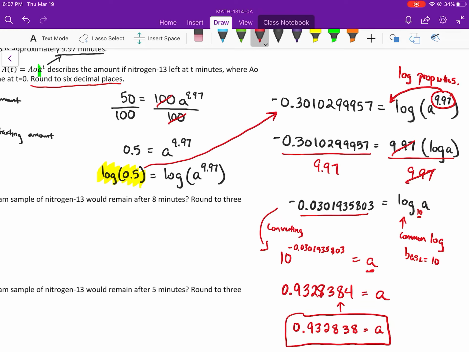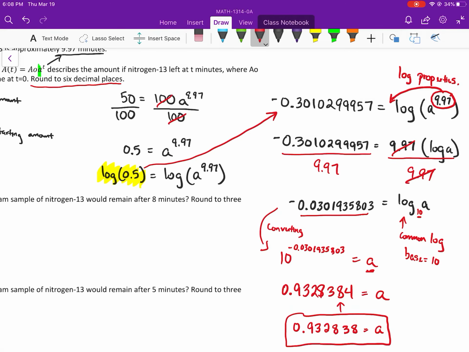Every one of these is going to have the same exact formula. The only thing that's going to change is your T. T in this case was 9.97, but your T could equal 5.19 or really any value. So that doesn't mean that everybody's A value is going to be the same, because since your T value changes, it's going to change that A value.